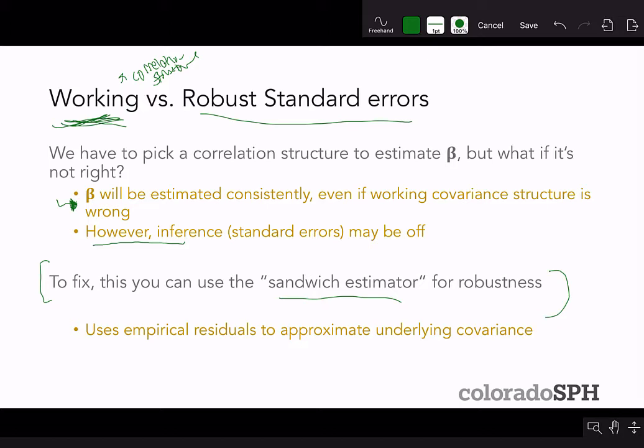And what the sandwich estimator does is it takes your working correlation matrix and sandwiches it between empirical covariance estimates based on the empirical residuals that approximate some underlying covariance structure in your data.